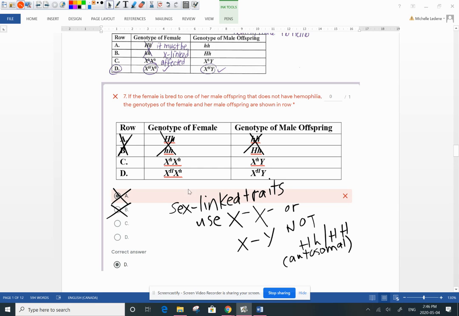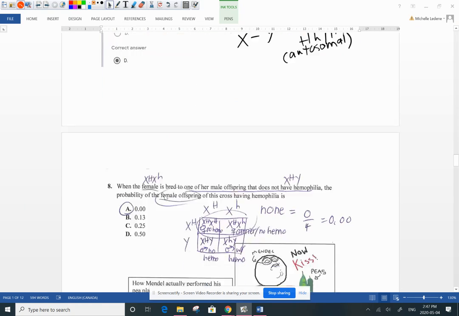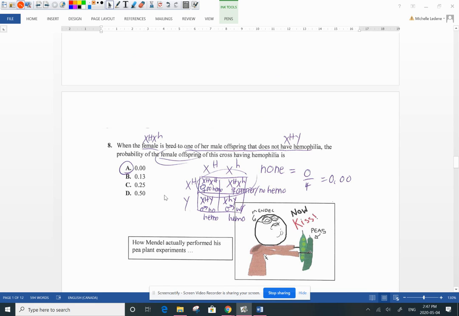You have to know that sex-linked is on the X chromosome, sex-linked, X-linked. And then to determine the probability for her females, well, remember, she is a carrier. So could she pass this on to her offspring? Absolutely she could. But when you do the Punnett square, neither of her daughters have hemophilia.